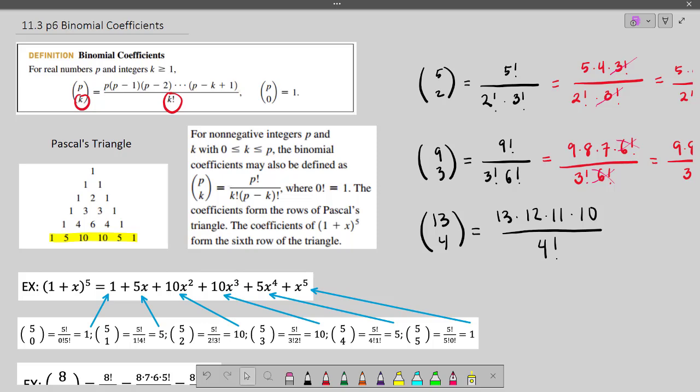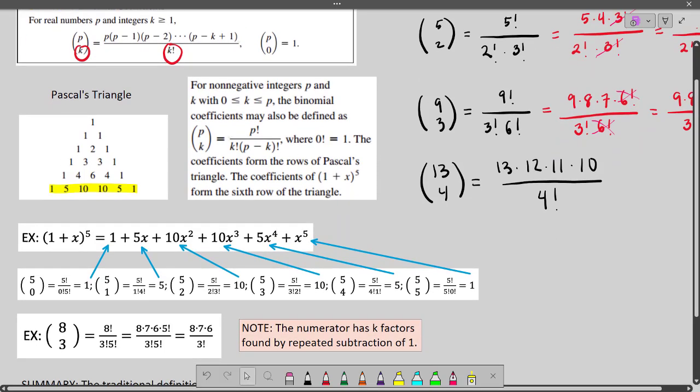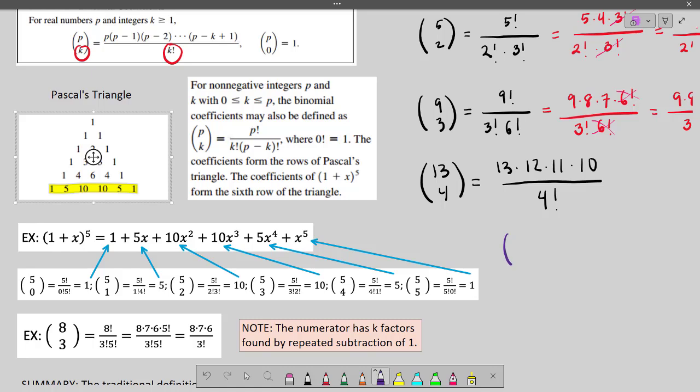So this generalized expression allows us to define it for non-integers. Let's suppose we have e, I'm going to just call this e choose 3. We can't think of it the same way as pulling all the combinations of balls out of a bag.